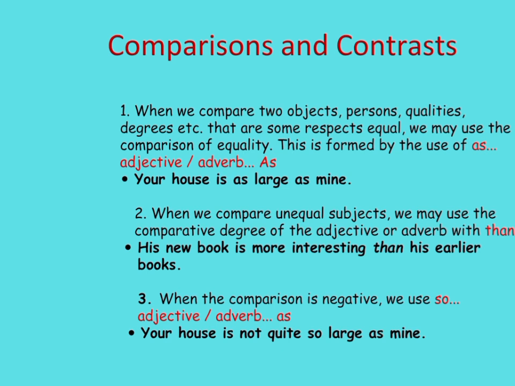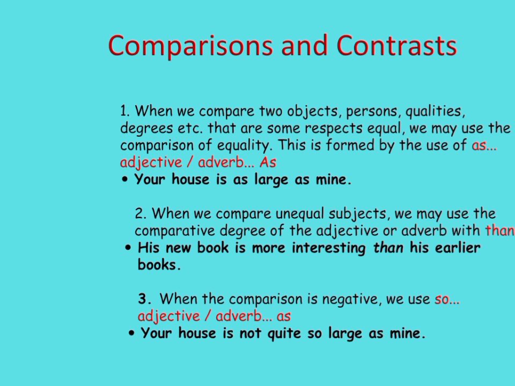Next, when we compare unequal subjects, we may use the comparative degree of the adjective or adverb with than. For example, his new book is more interesting than his earlier books. So here we are using the word than.